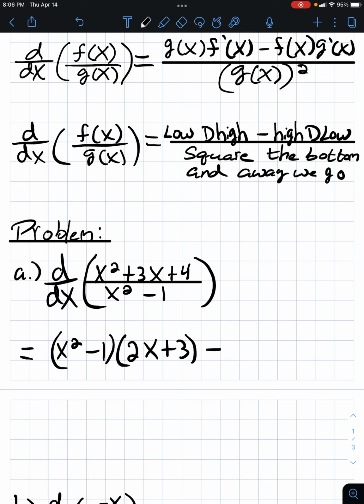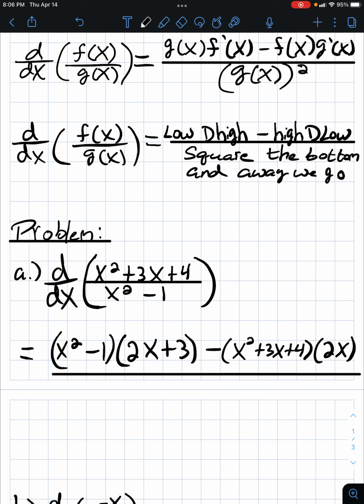We subtract f of x, our numerator x squared plus 3x plus 4, times g prime of x, the derivative of our denominator, which is 2x. Then we divide this whole numerator by our denominator squared, so x squared minus 1 squared.